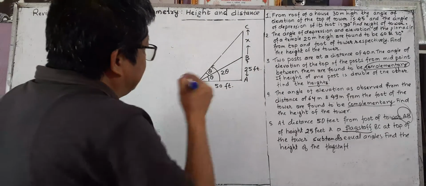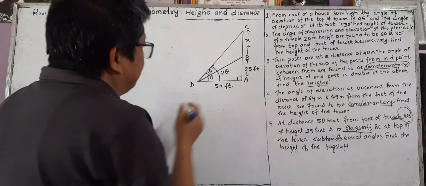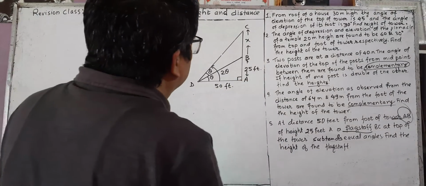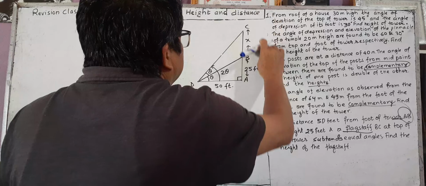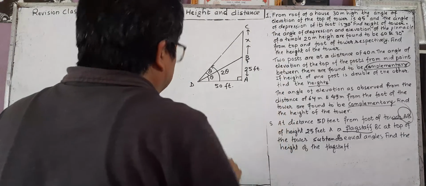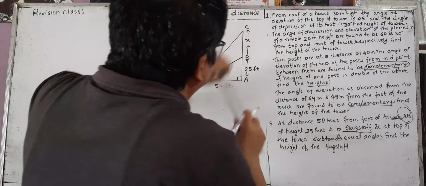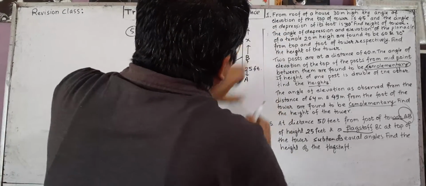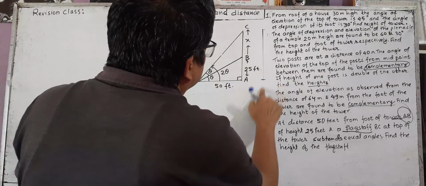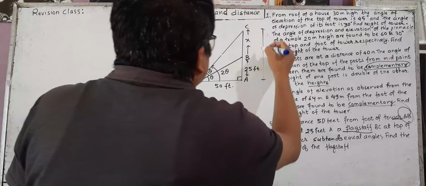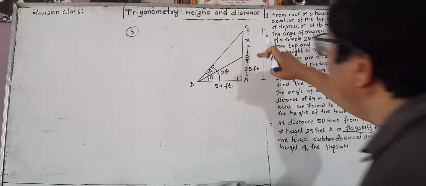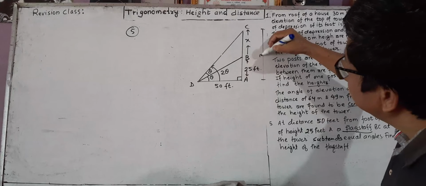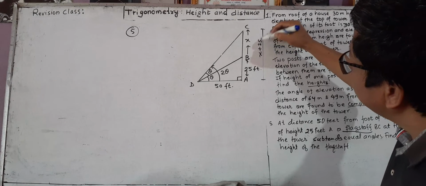So this is a right angle triangle. The height of CA is BC plus AB, that is x plus 25.